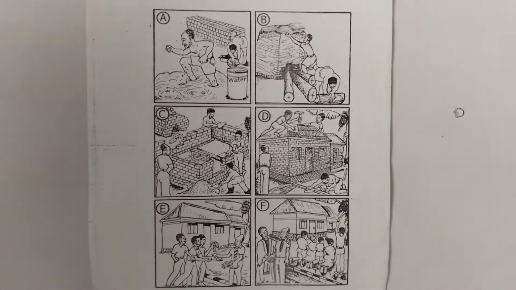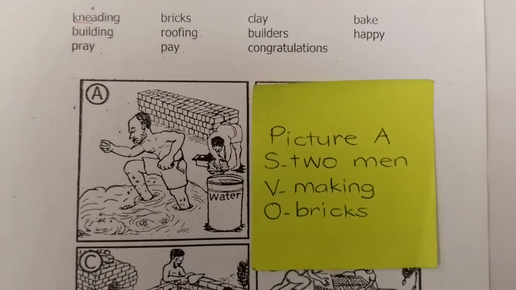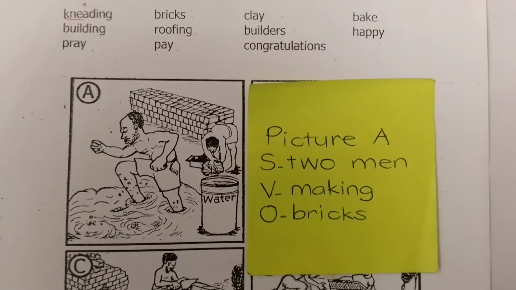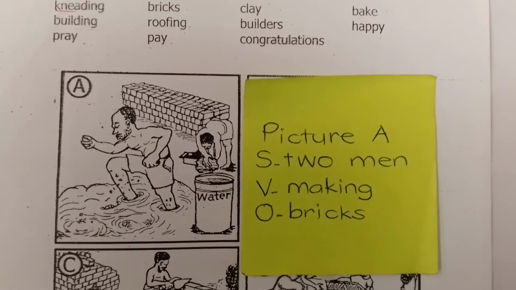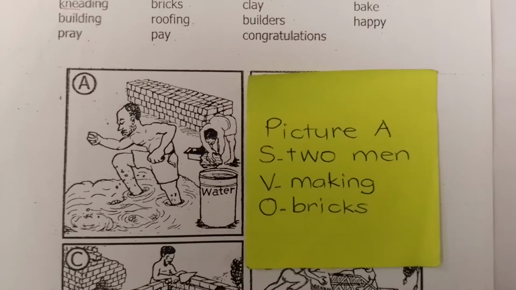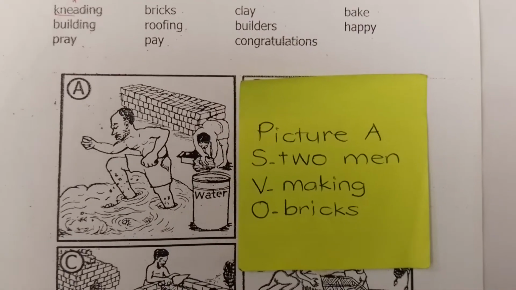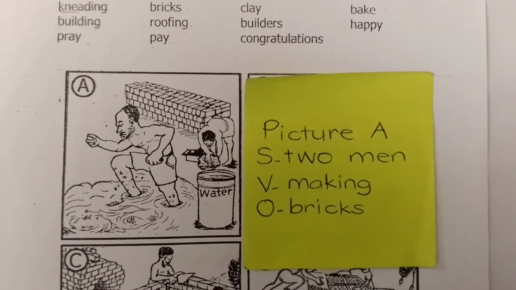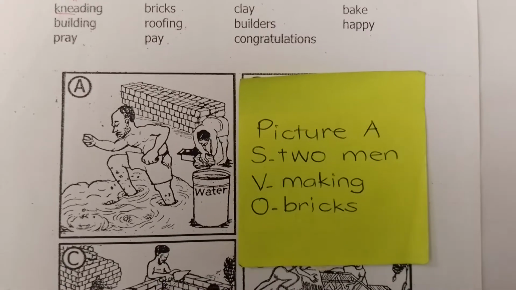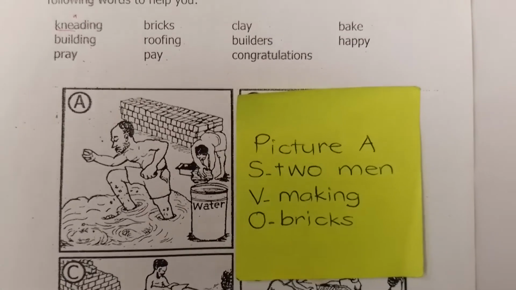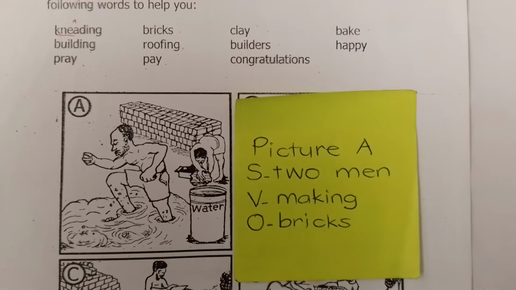Let's begin with picture A. So, picture A, the words that we can match to picture A, the subject, in the picture, we have two men, like you can see. Then the verb we've decided to use is making, and the object is bricks. We have borrowed this verb making from the questions which we have looked at.